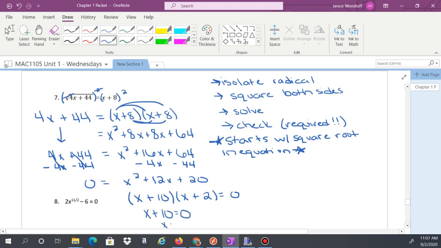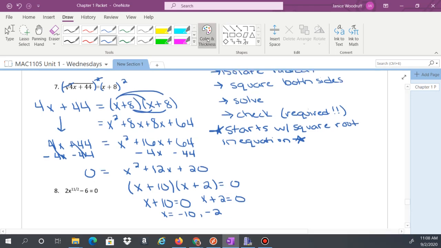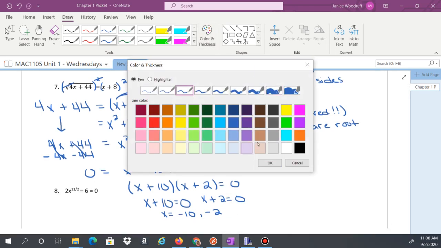That's going to give you an x equals negative 10. X plus 2 equals 0 will give you negative 2. All right, so your answers are x equals negative 10 and negative 2. Now you have to check for an extraneous solution.